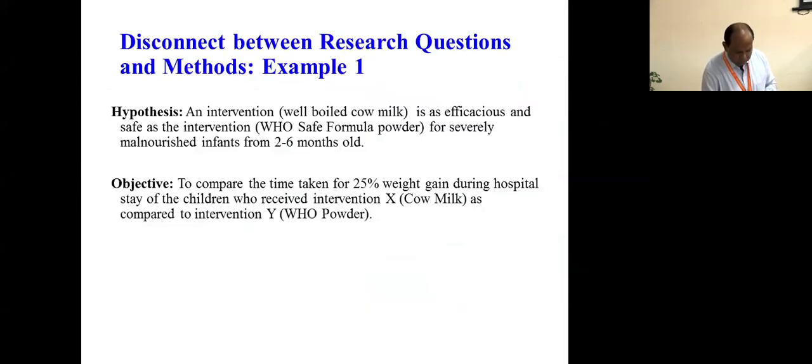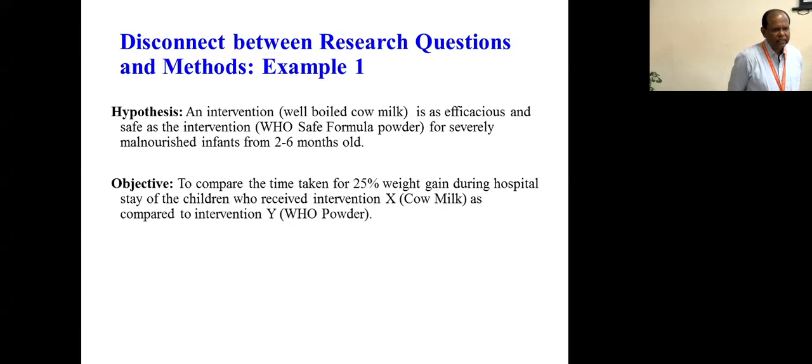Okay, so I got involved in the study. I was made a member of the DSMB at Lady Hardinge's many years ago. They wanted to do a study in UP because in the village, rural area, they were not able to get the WHO formula powder, the milk powder.